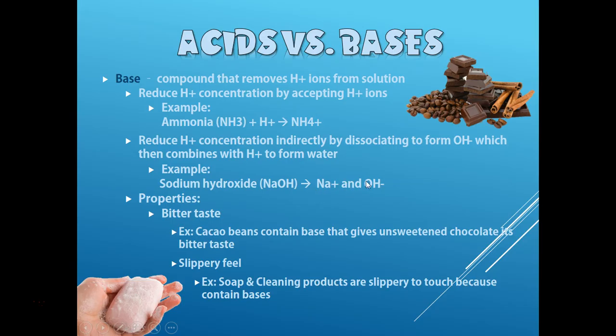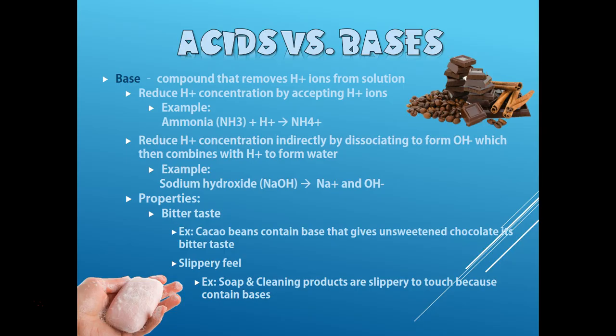It's an Na plus and an OH minus. Now I'm going to increase this, which means it can now connect with some of those H pluses from water, making more water. But you get this disproportionate value of H plus to OH minus that you would typically see if it was just water. So they're going to remove H plus from solution as opposed to the acids that add them.